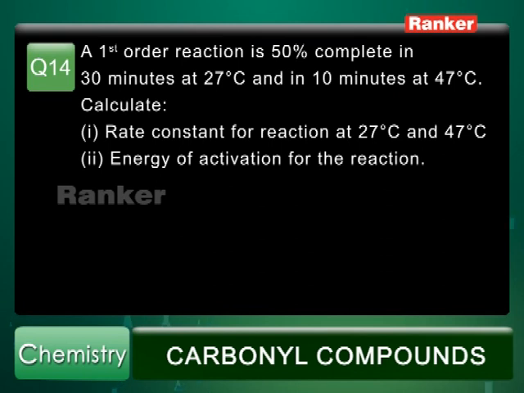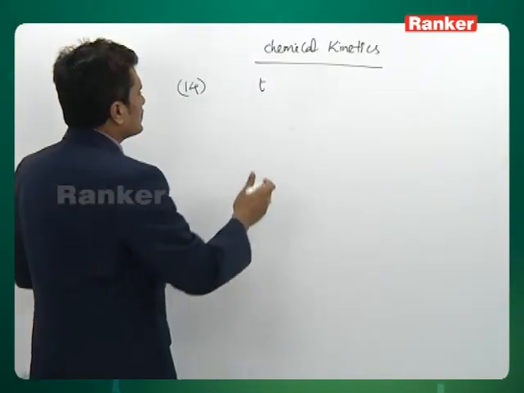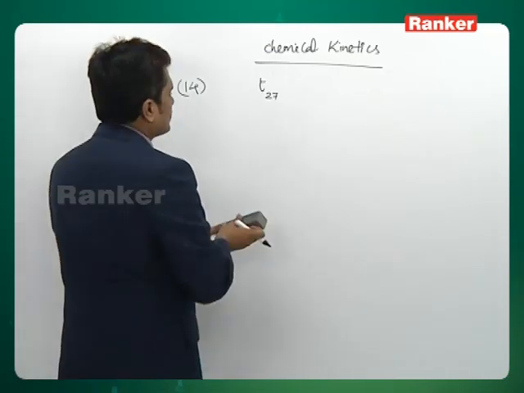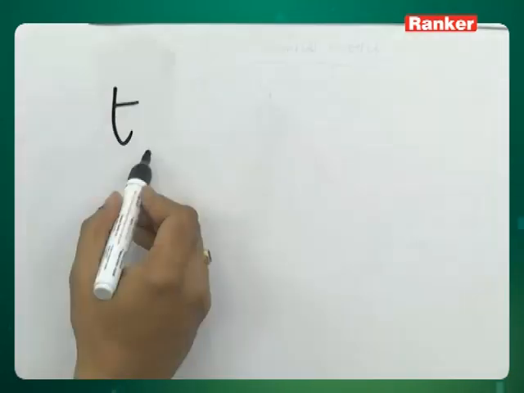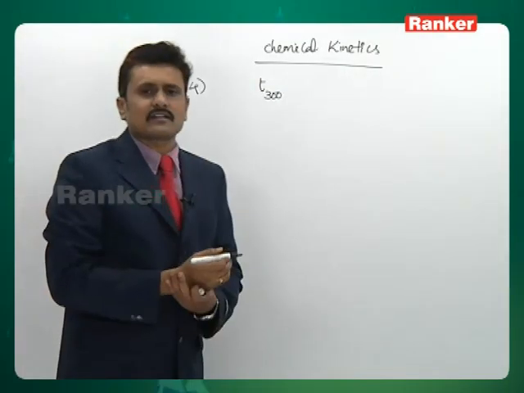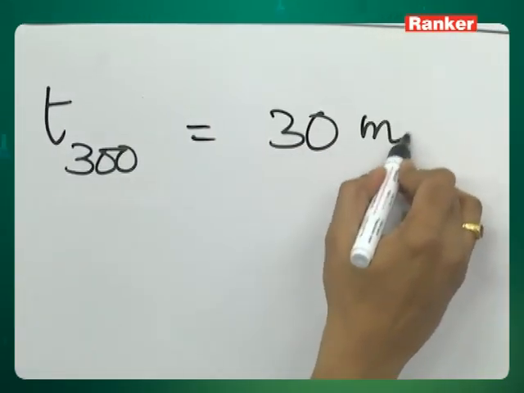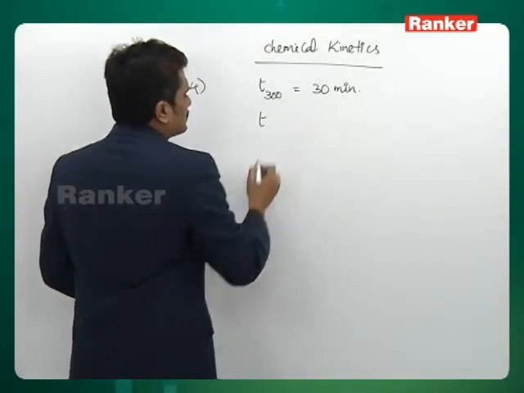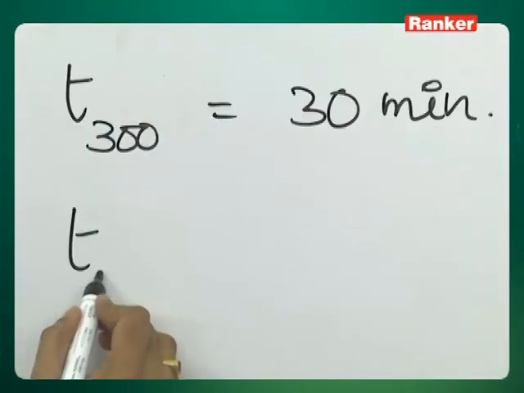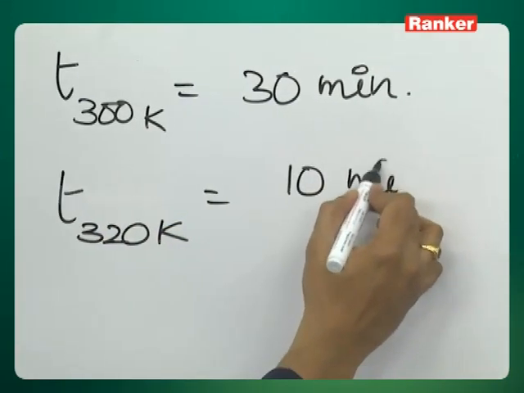So the data indicates that the t half of the reaction at 27 degrees Celsius, or 273 plus 27, that is 300 Kelvin, is mentioned to us as 30 minutes, and the t half of the same at 47 degrees Celsius, that is 320 Kelvin, is mentioned as 10 minutes.